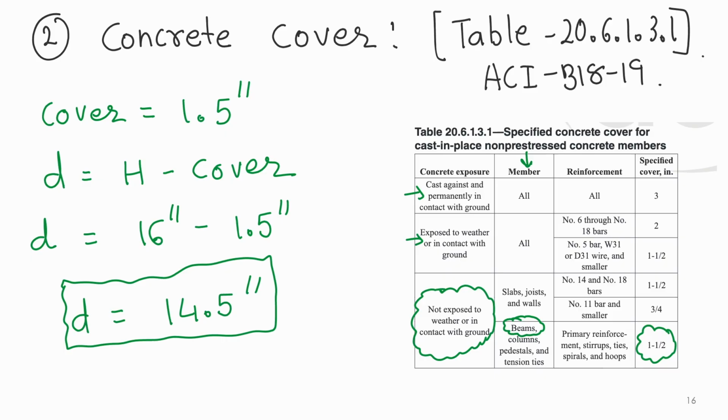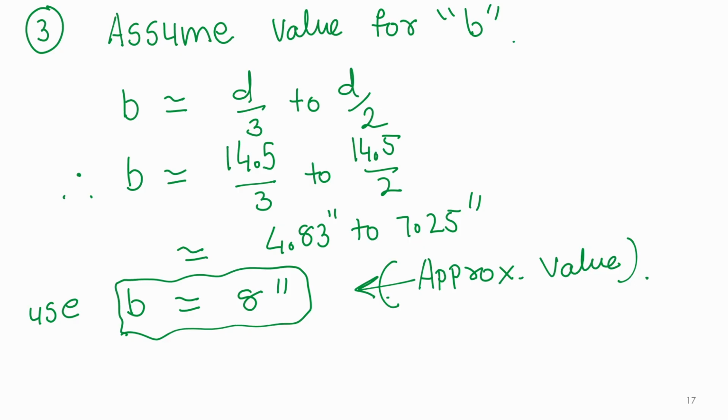So the second step will be to determine the concrete cover. Again, this one is given in the ACI code, and for beams, we are using minimum 1.5. So if we are using 1.5, that means the depth of the cross section is 14.5 inch.